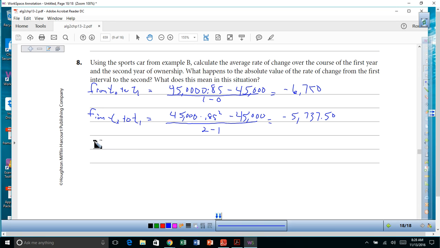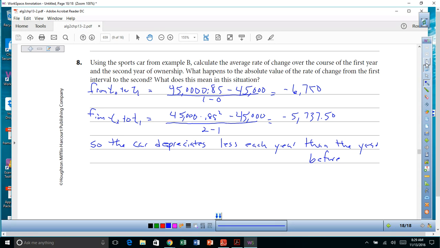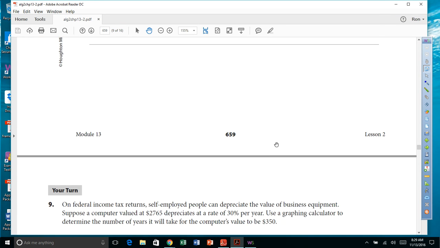Okay, so the car depreciates less each year than the year before. So it depreciates each year a little less each year.